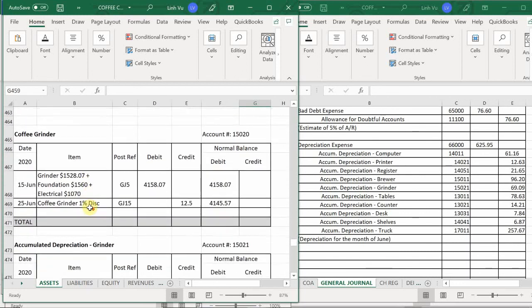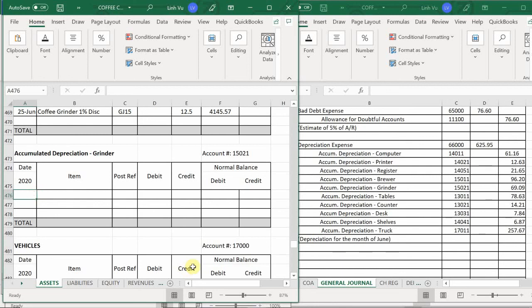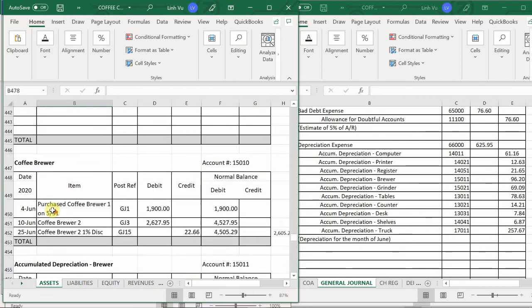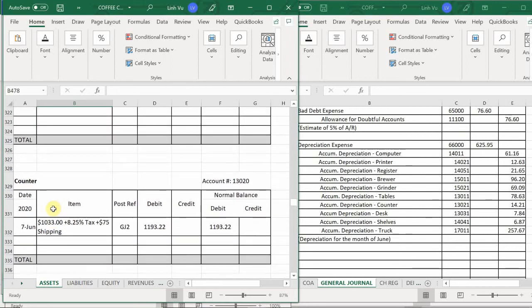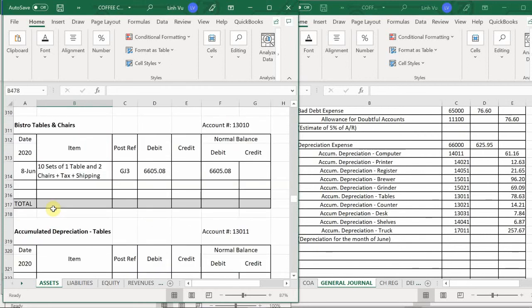And now the grinder. 69.09. Okay. Then we got to go back up to the tables. The tables, the furniture. Here we go.